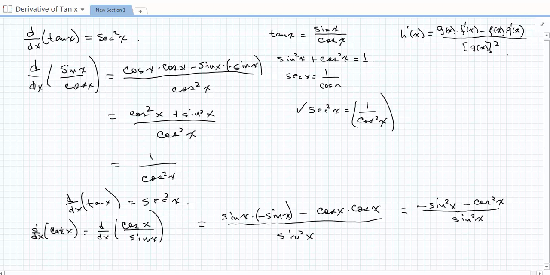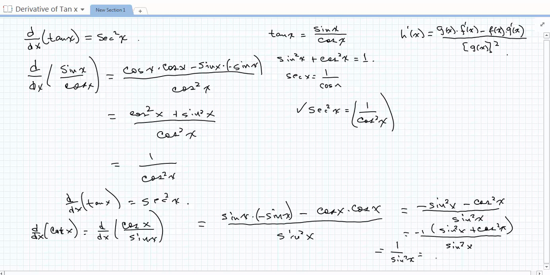And if you factor out a negative 1, then we have the sine square of x plus the cosine square of x, everything over sine square. Then this is 1 again, so we end up with 1 over sine square of x.